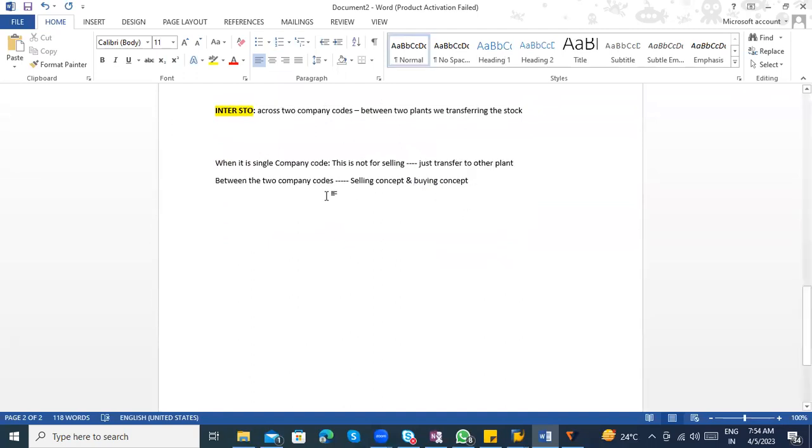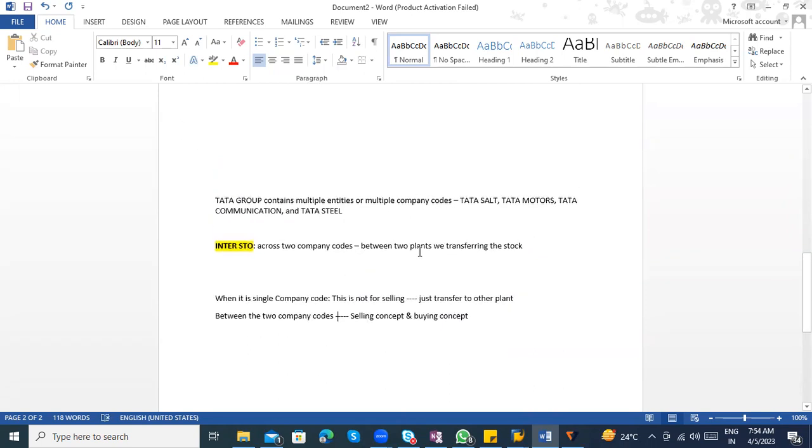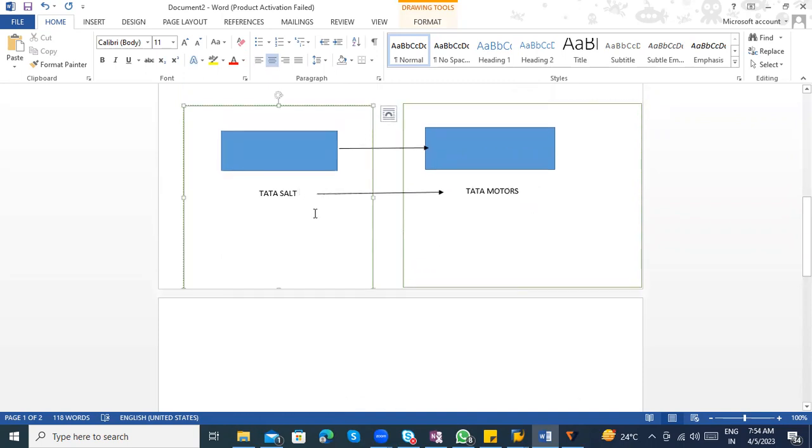Because even if it is two company codes, two entities, the one who is supplying is my vendor, and the one who is receiving is my customer. So here we are talking about the supplier and customer concept.